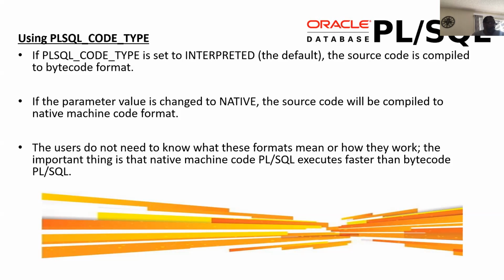And then essentially native is associated with the native machine code format, and each processor has its own type of compilation that it will go to when you're running a programming language. And these are all very complex as far as how they work.